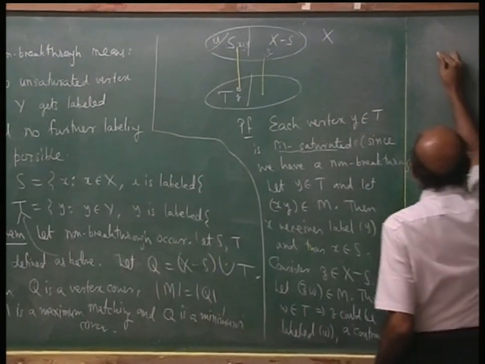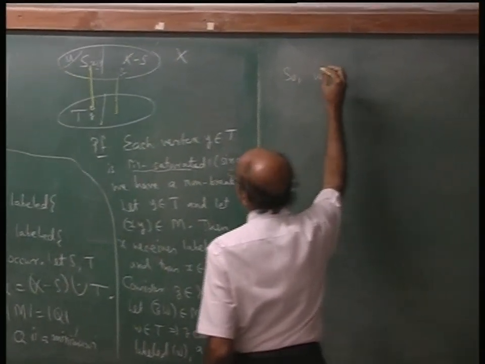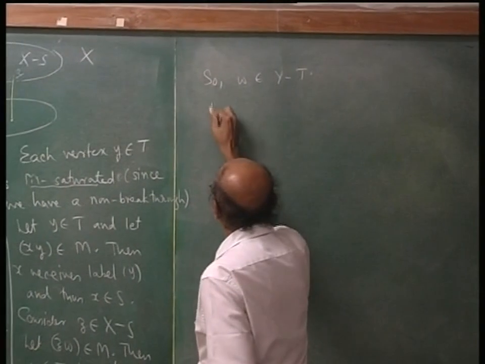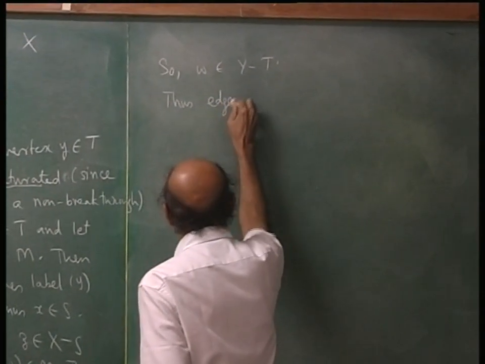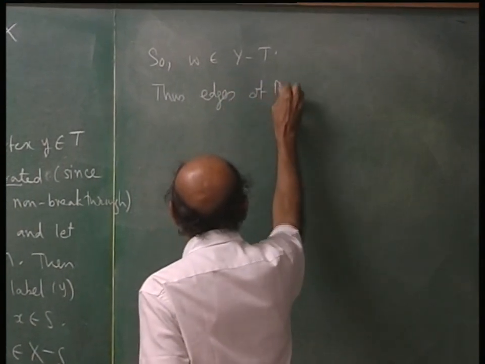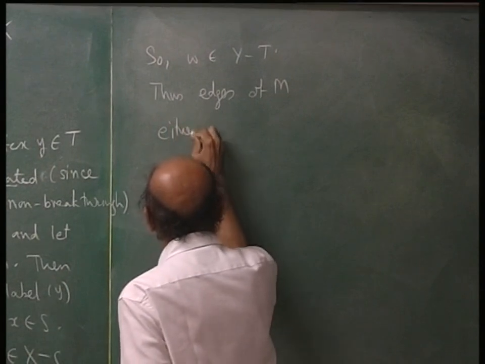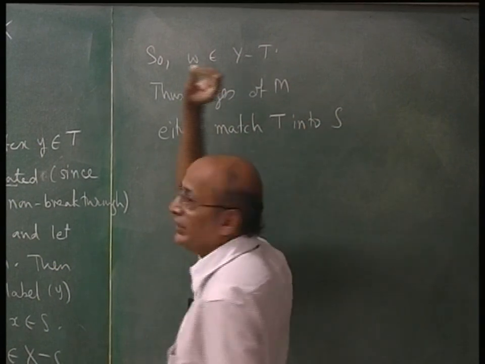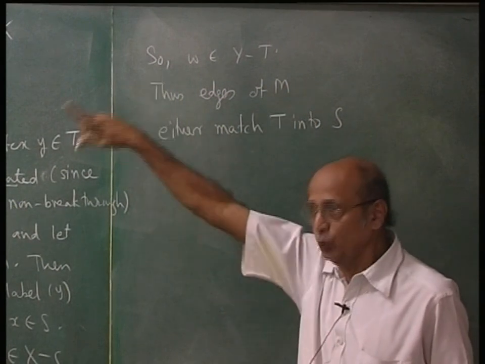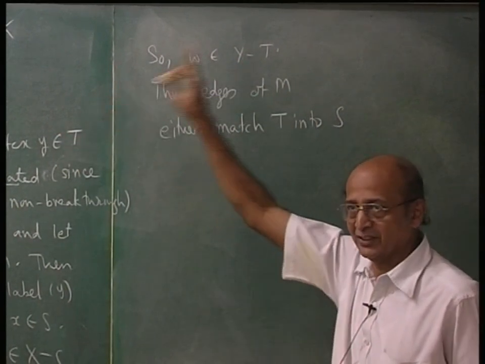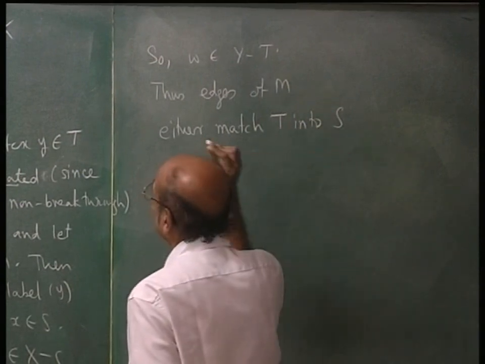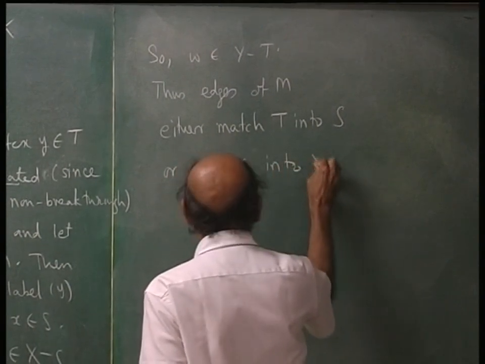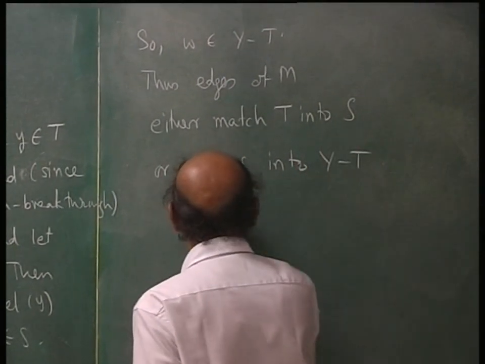So, thus edges of M either match T into S, actually S minus U, because U consists of unsaturated vertices, or, but not both.